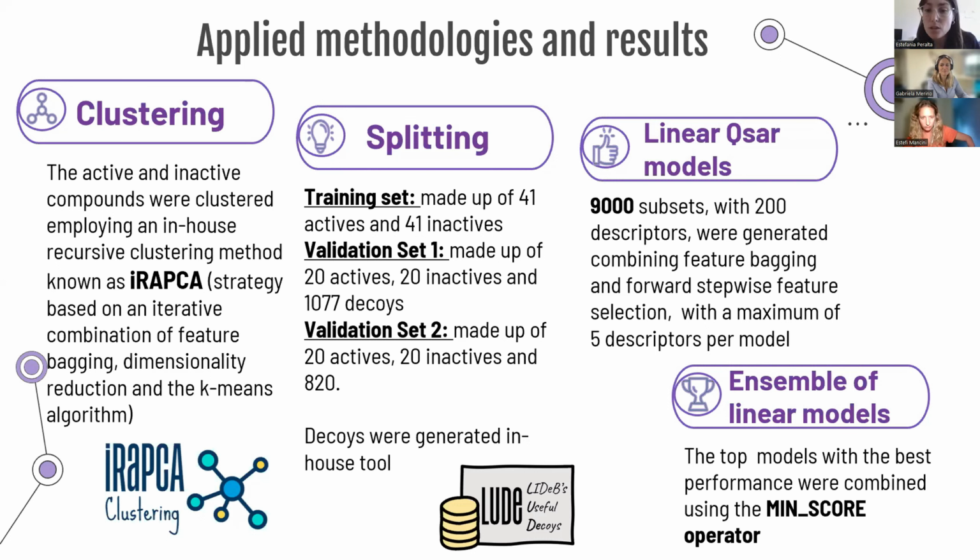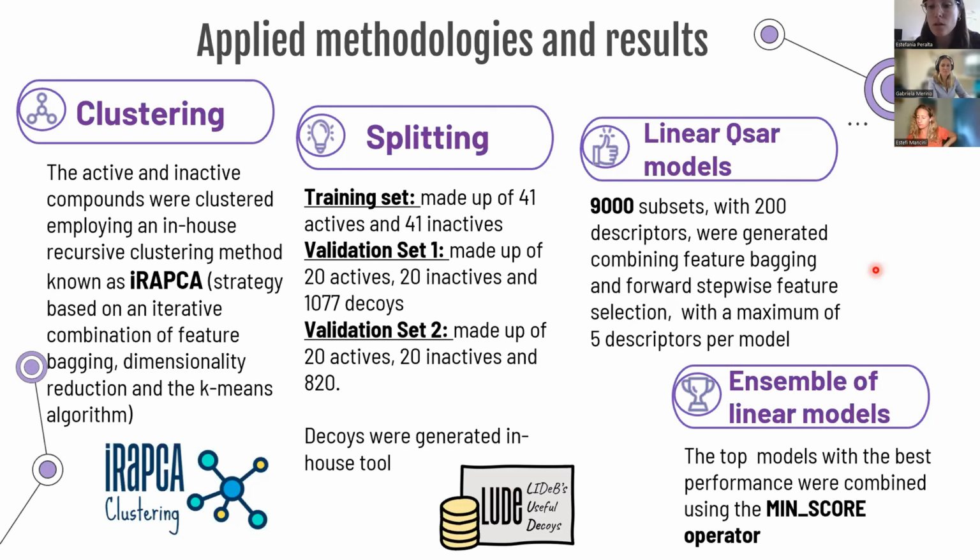The second validation set was used to validate the chosen model ensemble. Using an in-house Python routine combining feature bagging, forward stepwise feature selection, and conformation-independent molecular descriptors, we generated 92,000 QSAR models. We proceeded to perform an ensemble of linear models using the minimum operator.